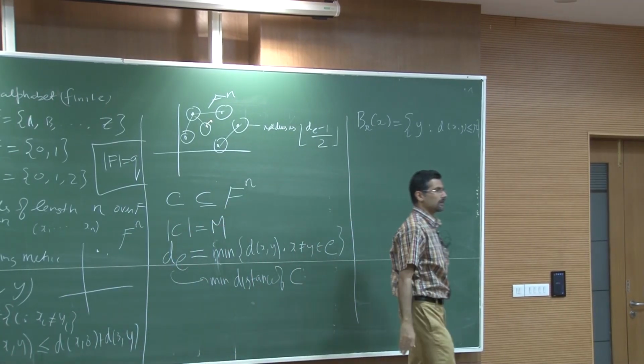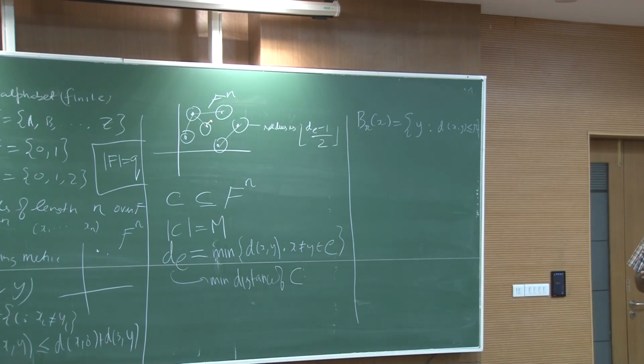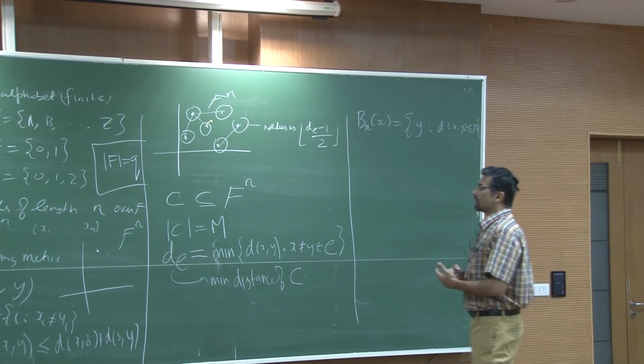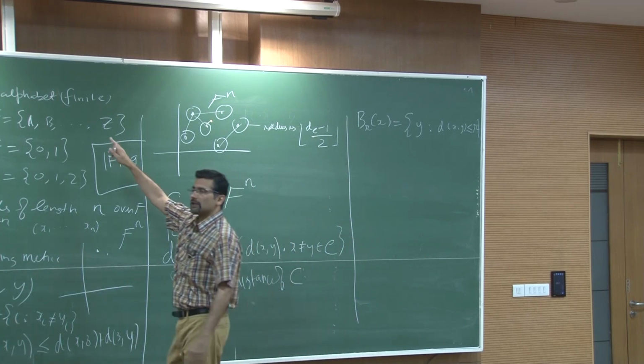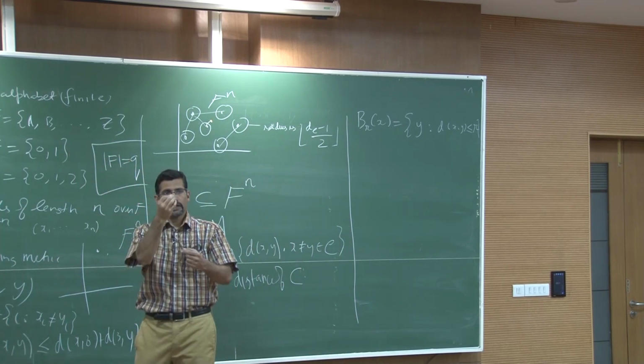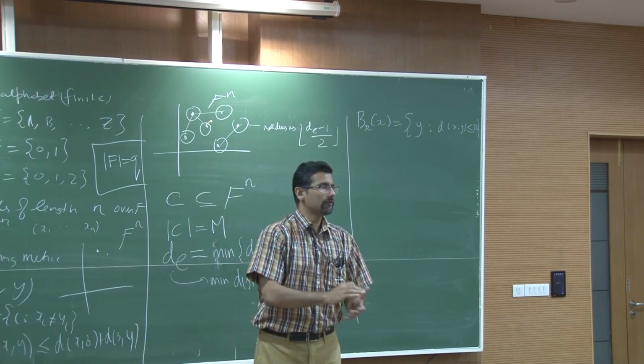So what does it mean? Coming back to the physical picture, it means that during transmission, if the number of errors, and what is an error? Some letter in some coordinate changing to some other letter in the alphabet.